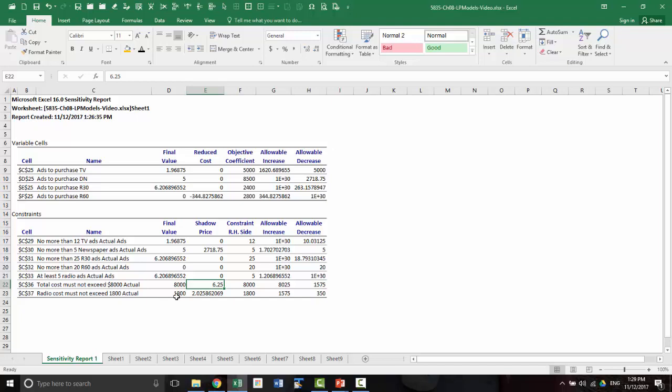And similarly for radio ads cost, if your radio ads limit of $1,800 is relaxed, and again, these are the allowable increase and decrease for the shadow price to be valid. So for each dollar that you increase the limit by, you will be able to reach that many additional audience.